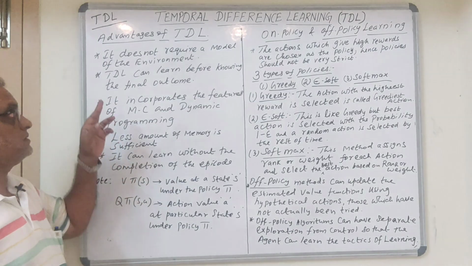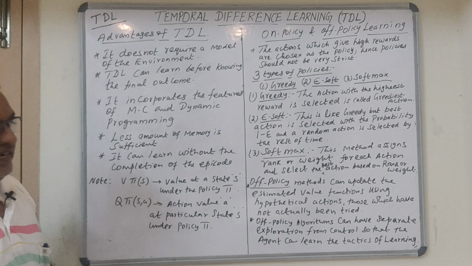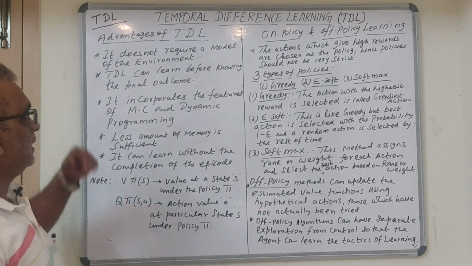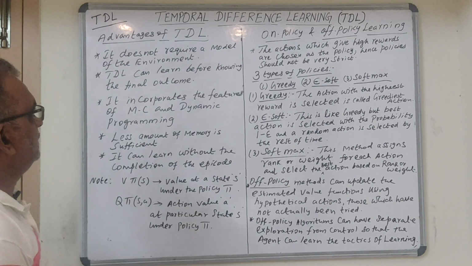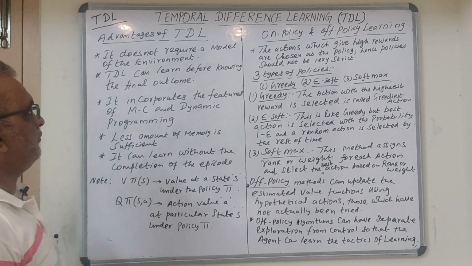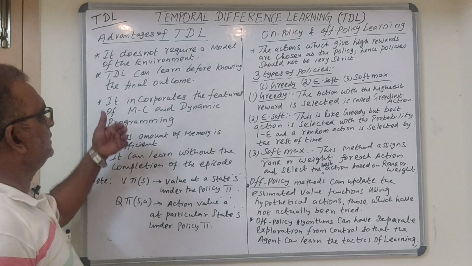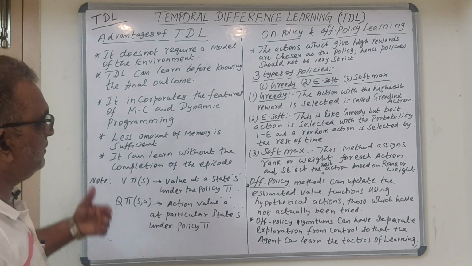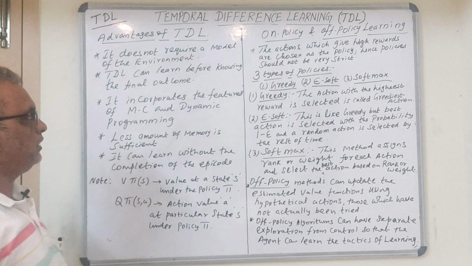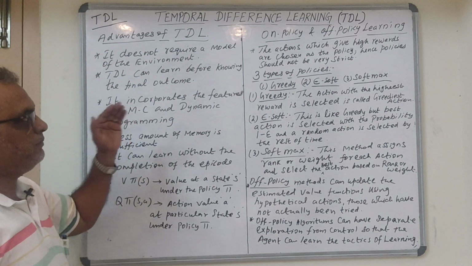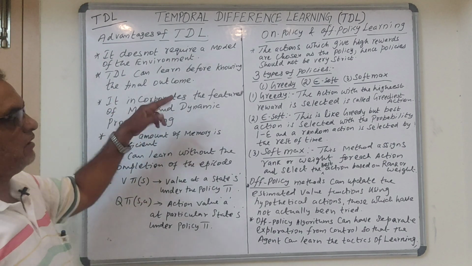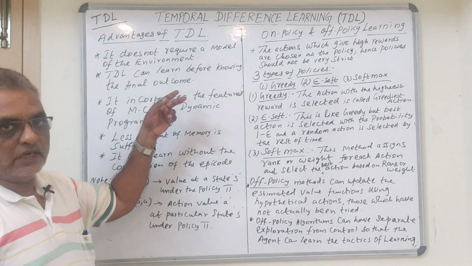The next topic is advantages of TDL. Already I explained that it does not require a model of the environment. The TDL can learn before knowing the final outcome. Every time it estimates the value step by step because of the dynamic programming.